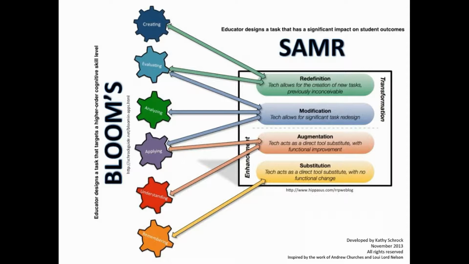When we're talking about the SAMR model now, I said Bloom's looked at the higher order cognitive. SAMR looks at the redefinition of tasks to produce higher productivity, higher student outcomes, significant impact. Specifically quoted, educator designs a task that has a significant impact on student outcomes. That is the SAMR model, S-A-M-R.